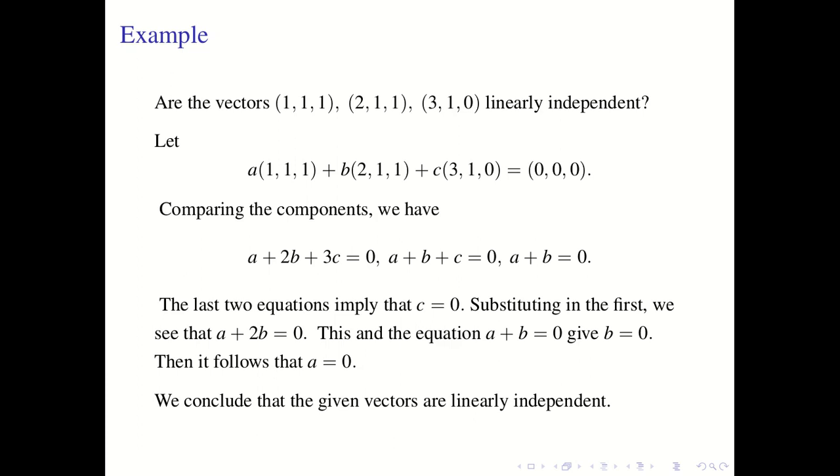Compare the last two equations, what you get is c equal to 0. Substitute in the first equation to get a plus 2b equal to 0. A plus 2b equal to 0 and a plus b equal to 0 implies b is 0, and therefore a is 0. So this proves that these three vectors are linearly independent.